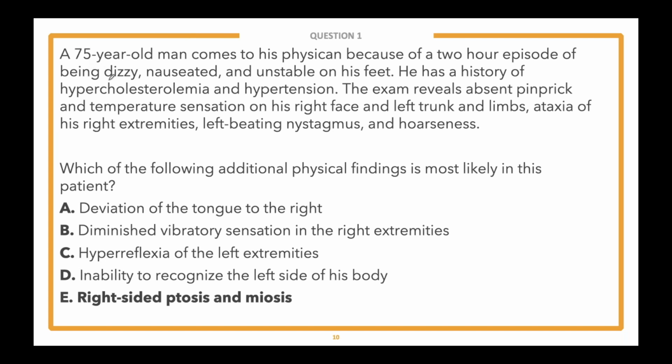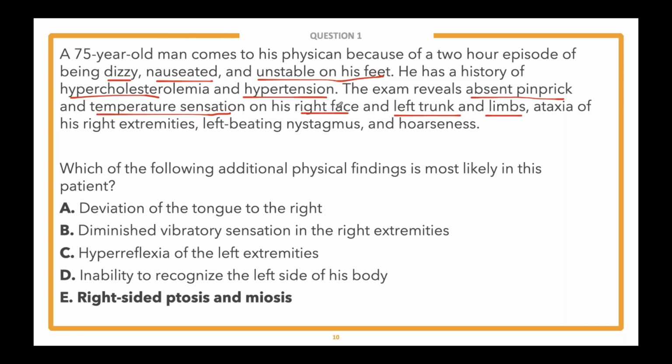We know that this patient became dizzy, right? We know that he was nauseated and unstable on his feet, had a history of hypercholesterolemia and hypertension. And then they tell us that he had absent pinprick and temperature sensation on his right face and left trunk and limb.